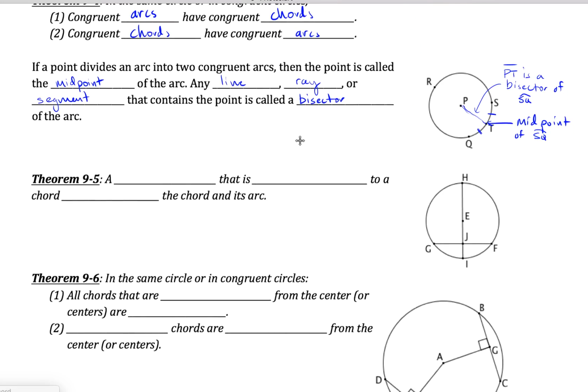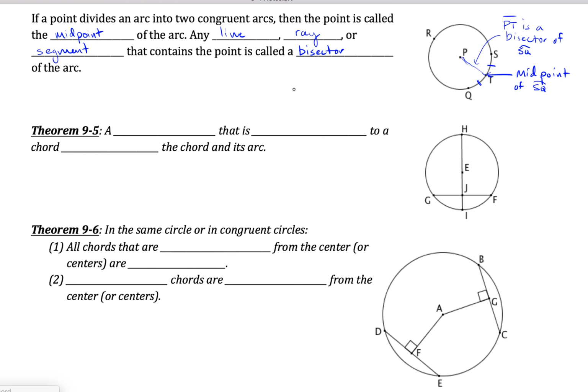That brings us to theorem 9-5, and in a way also theorem 9-6. Theorem 9-5 says that a diameter that is perpendicular to a chord, so in other words, we have diameter HI over here in circle E. If diameter HI was perpendicular to chord GF, that would be the situation we're describing here, then it bisects the chord and the arc.